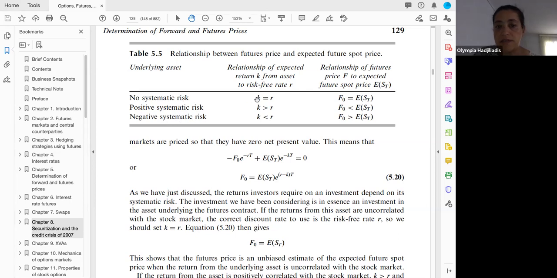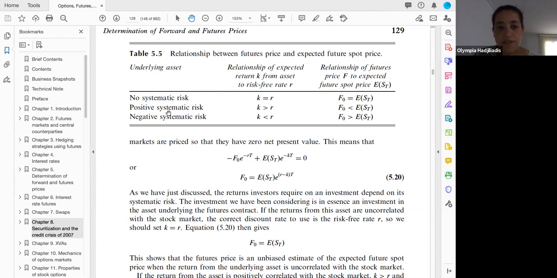No systematic risk implies that the expected return K from the asset equals the risk-free rate, K is equal to R. And the futures price F is equal to the expected future spot price when K is equal to R. This is basically an application of equation 5.20 over here.